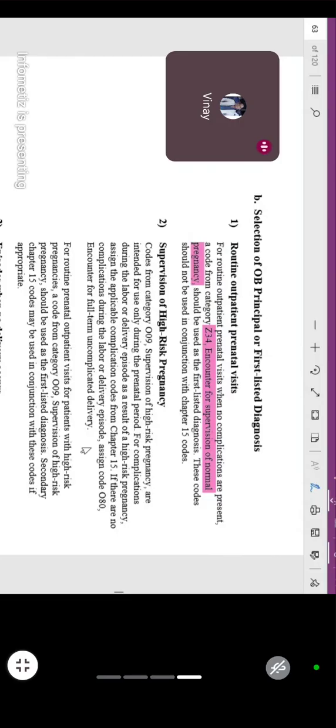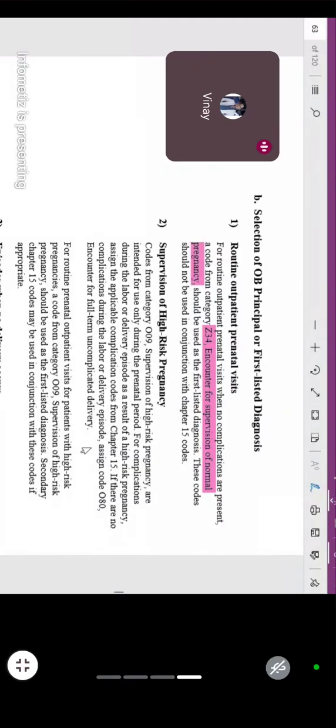Can I code any O series code with Z34? What do you feel? What is an O series code? Pregnancy status? No, no. Then when will I code an O series code? When the patient has a complication, like O98.7.